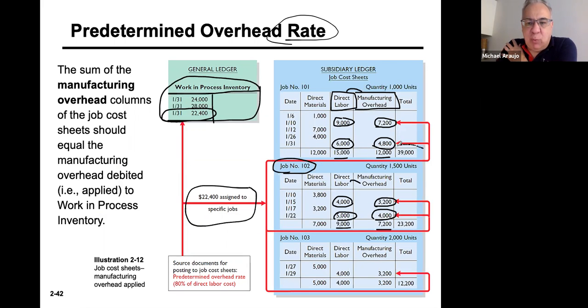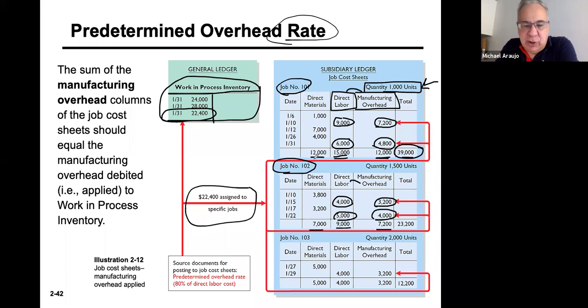So job 101, if you spent $12,000 on direct materials, $15,000 in direct labor, and $12,000 of manufacturing overhead, job 101 cost you $39,000 to do. And that $39,000 spent on job 101 gave you 1,000 units. Yes?